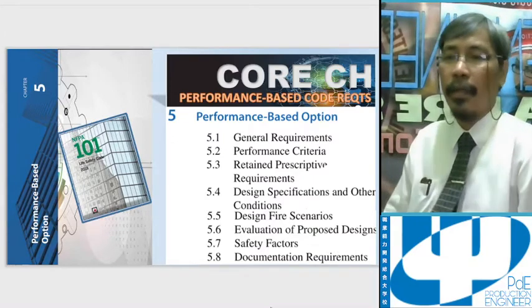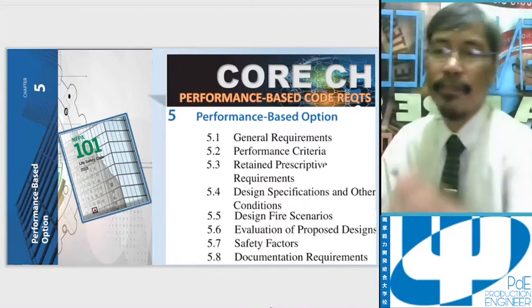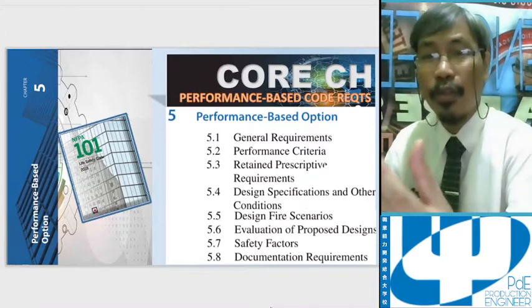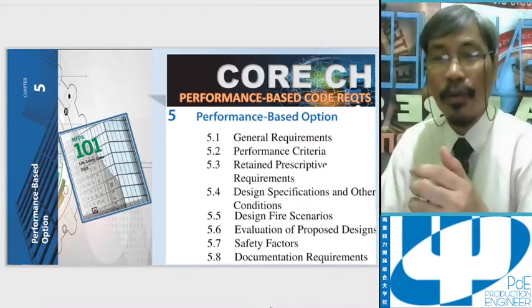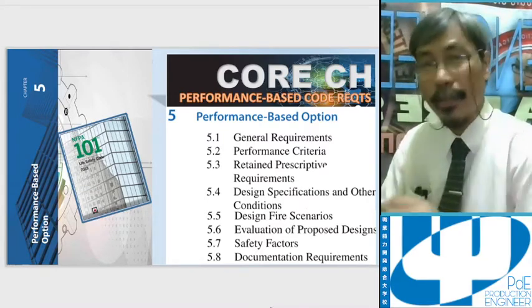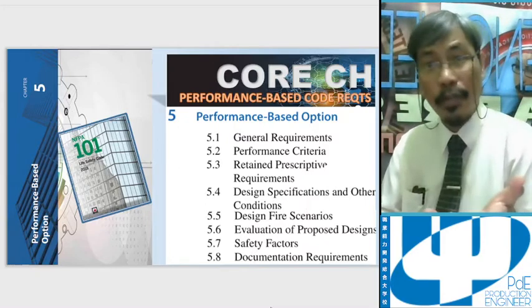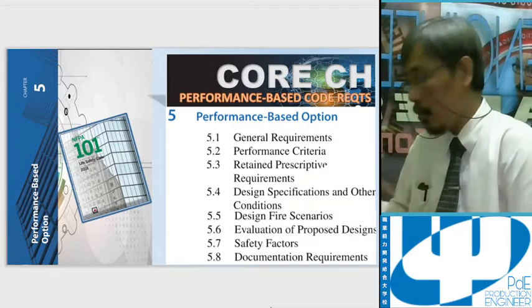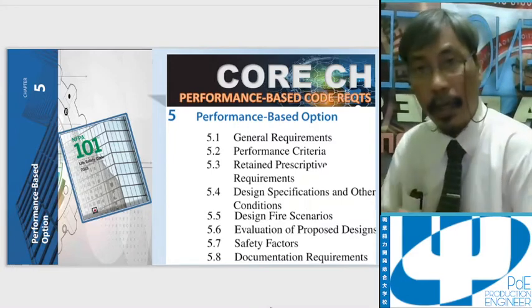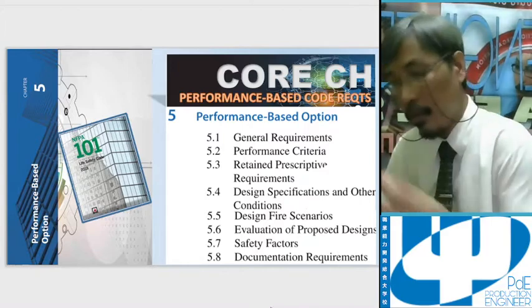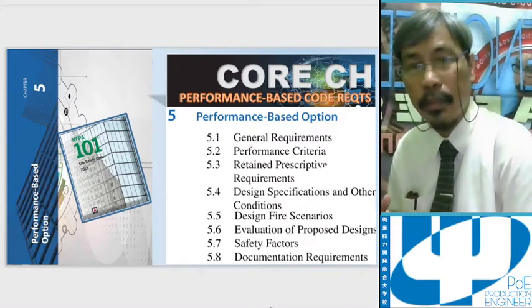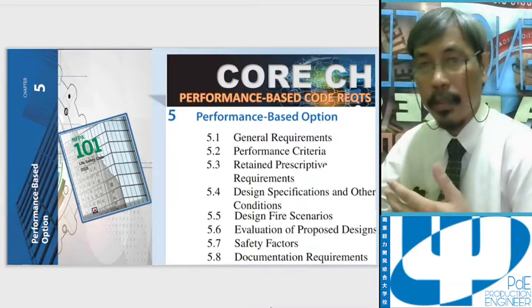So prescriptive code, the engineers in the prescriptive code are those who made the code, who made the proposal. They are prescribing, just like a doctor. The doctor prescribes, and then the professional follows. So which one is the engineer?